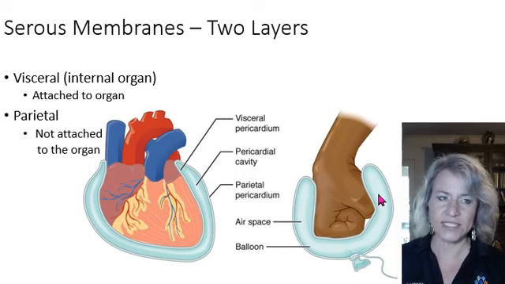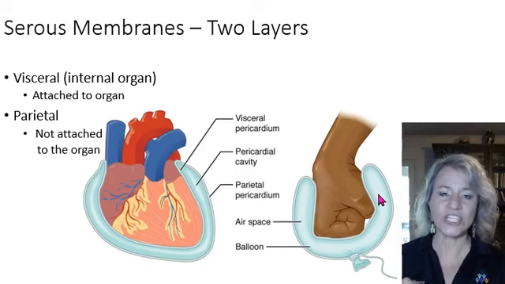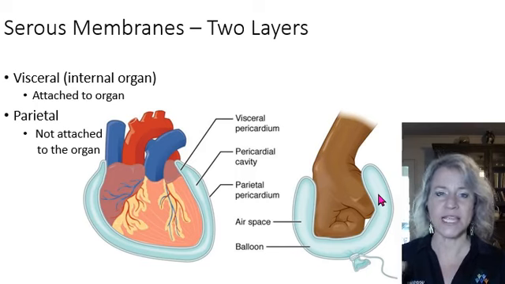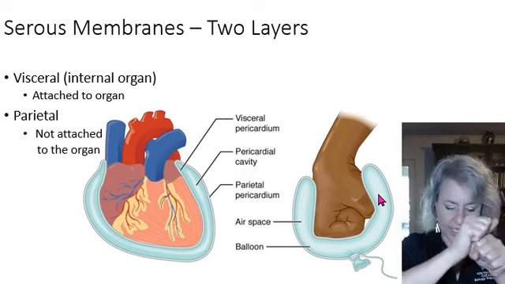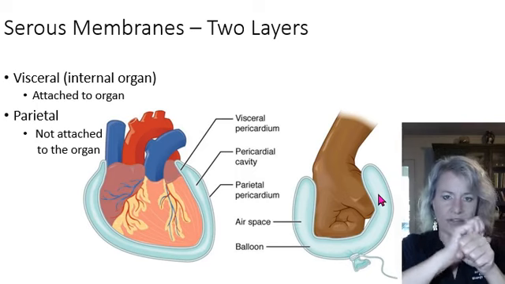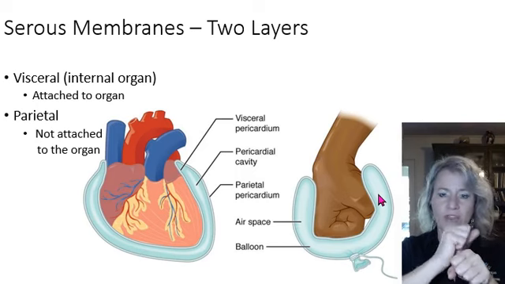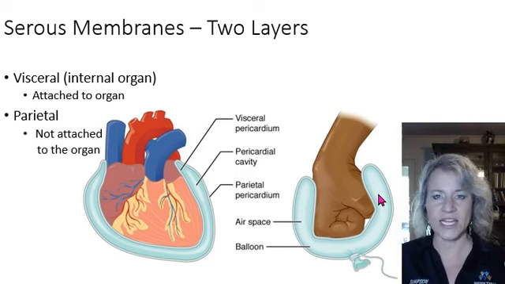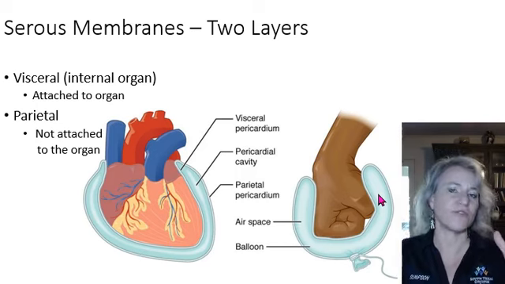Now the purpose of the serous membrane is to create a friction-free environment, so that when the heart is beating, it's not rubbing up against something and rubbing raw. It's not injuring the tissue of the heart. Same with the lungs. When your lungs are inflating and deflating in motion, they're moving in a friction-free environment.